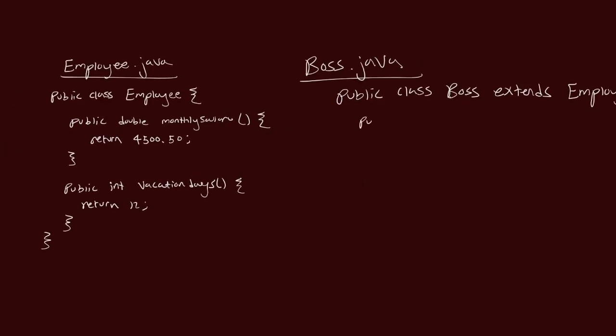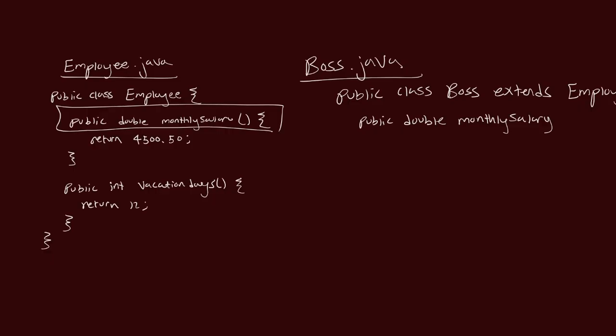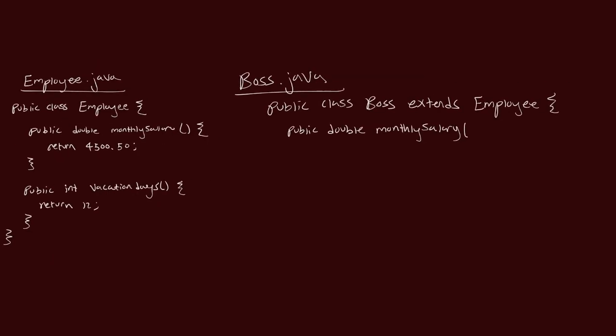So I would write public double monthly salary, writing exactly every single word in here, and I guess I'll return this much. This is his monthly salary, and same with his vacation days. He's going to have 50 vacation days.